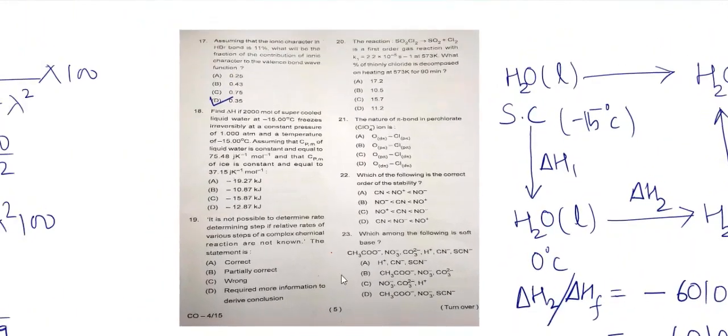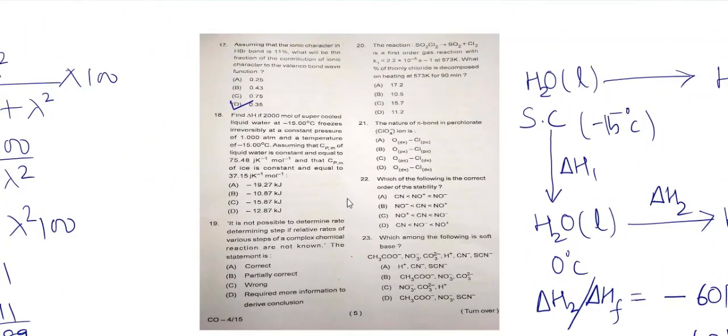Next, question number 19. The statement given is: it is not possible to determine the rate determining step if the relative rates of various steps of a complex chemical reaction are not known. I am in a tentative situation. What will be the correct answer? I think option C or D can be the answer, because the rate determining step of a chemical reaction is the slow step.